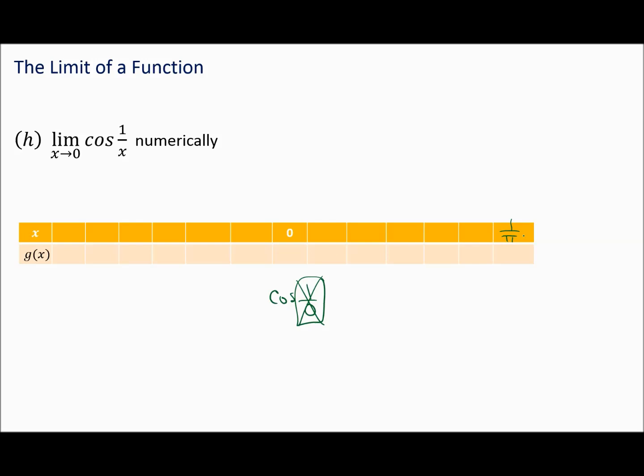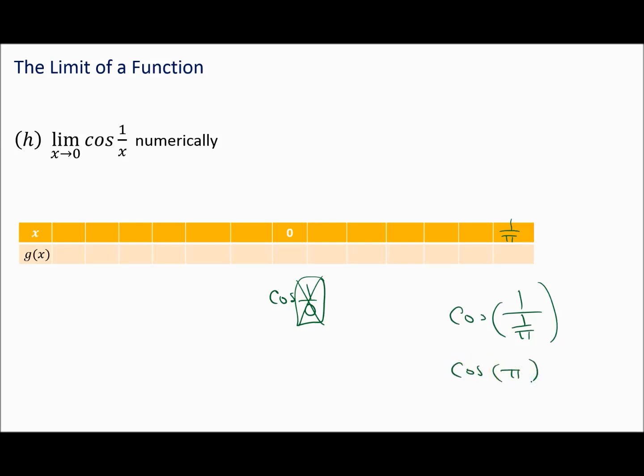I know that seems weird, but that is bigger than 0, right? Because it's positive. And it would be easy to plug in here, because you would calculate cosine of 1 over pi, which would be the cosine of pi.